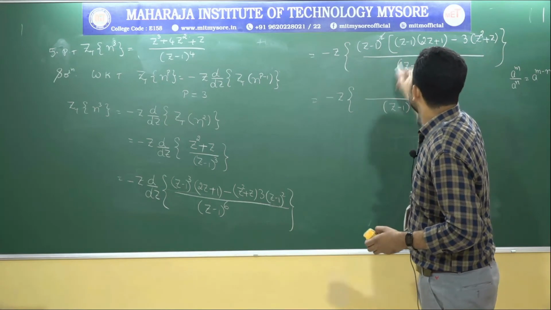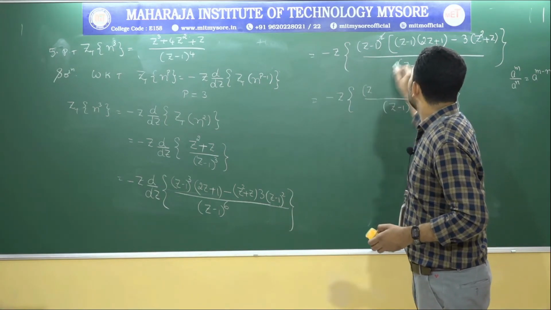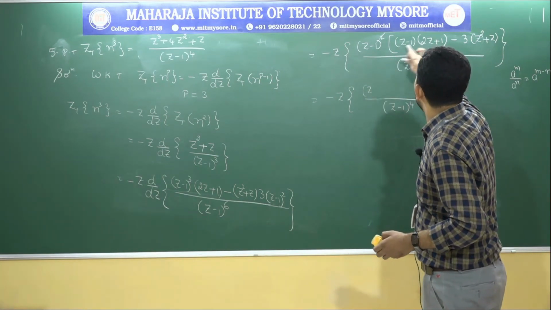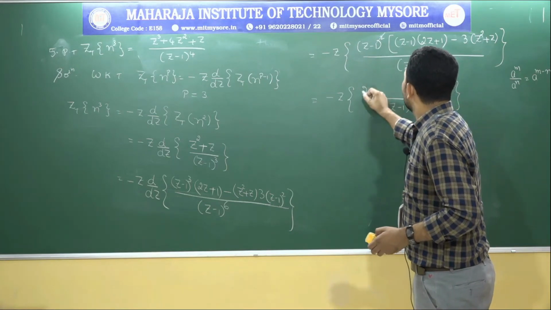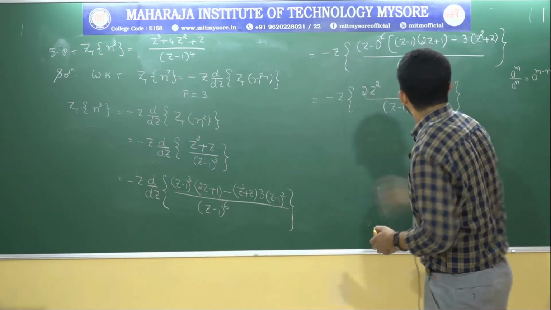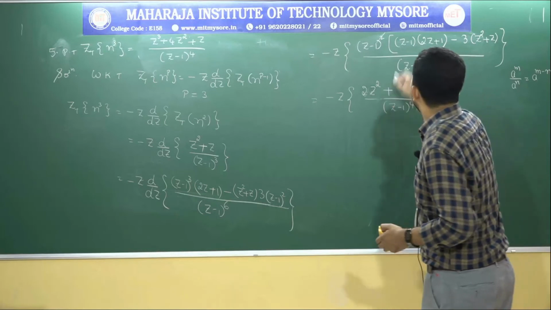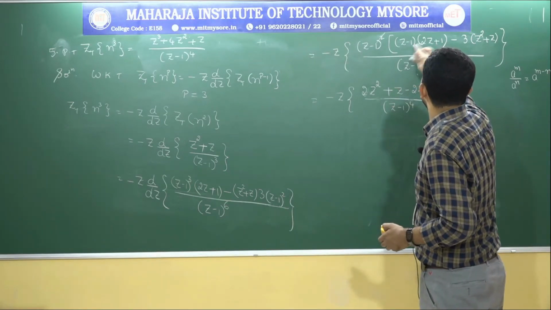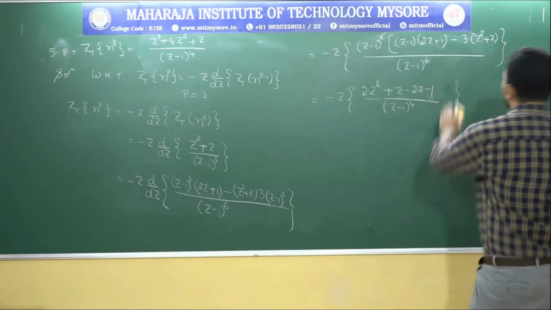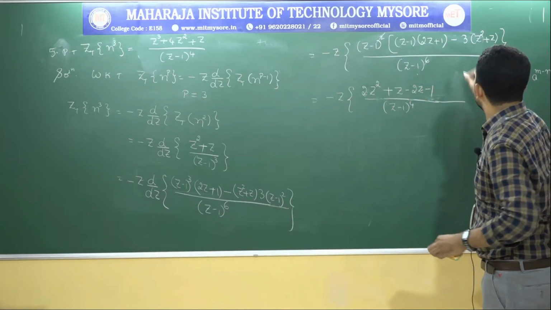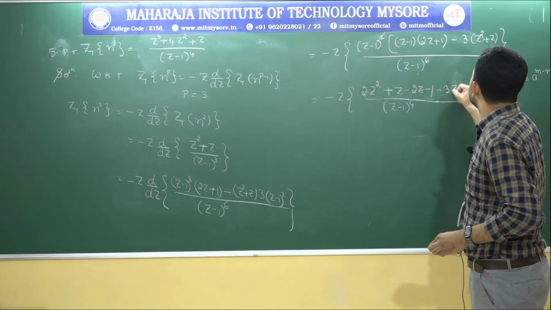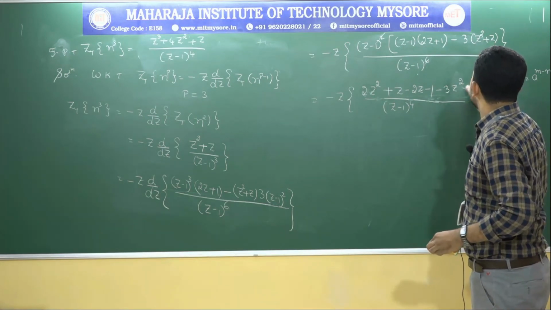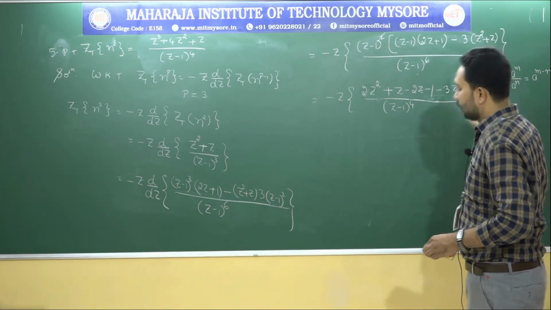So this becomes z minus 1 into 2z plus 1, which gives 2z square plus z minus 2z minus 1, and this is minus 3z square minus 3z.